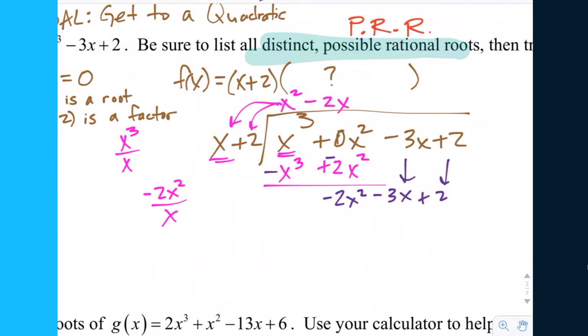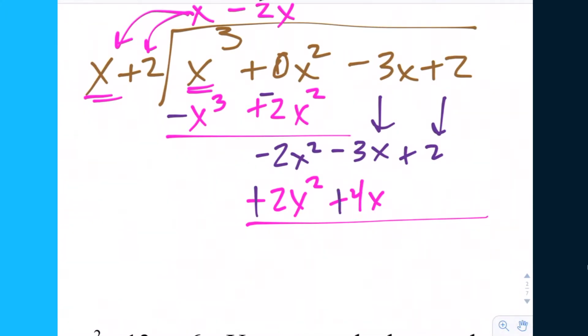Negative 2x times x is negative 2x squared. Those should be the same. And then negative 2x times positive 2 is negative 4x. Now we're subtracting, so we change both signs. So plus, plus. You should get a 0 in the first column if you did the division right. And now we have 4 minus 3, which is positive 1x, and you can bring down the plus 2.